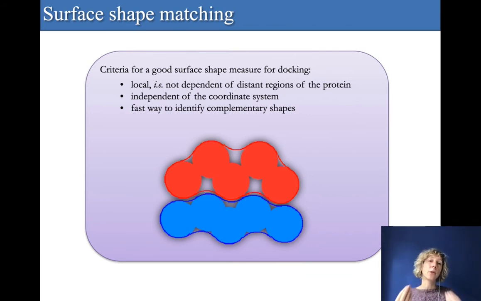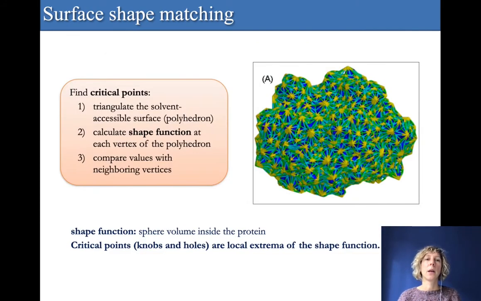It should be independent of the coordinate system, and it should allow you to determine whether the shapes are complementary in a fast way. So here, for example, you have a representation of the protein surface, which is triangulated.